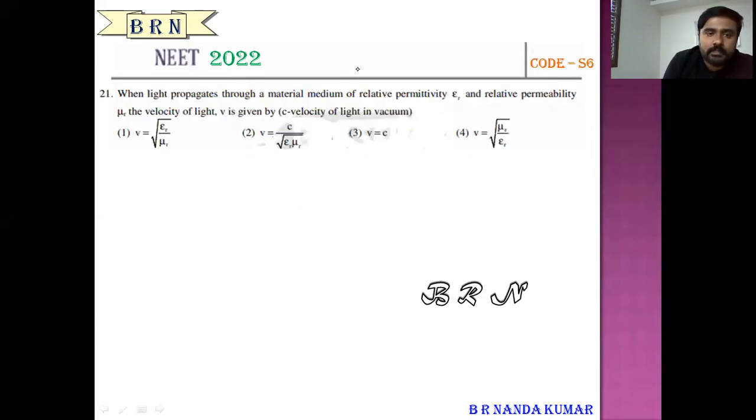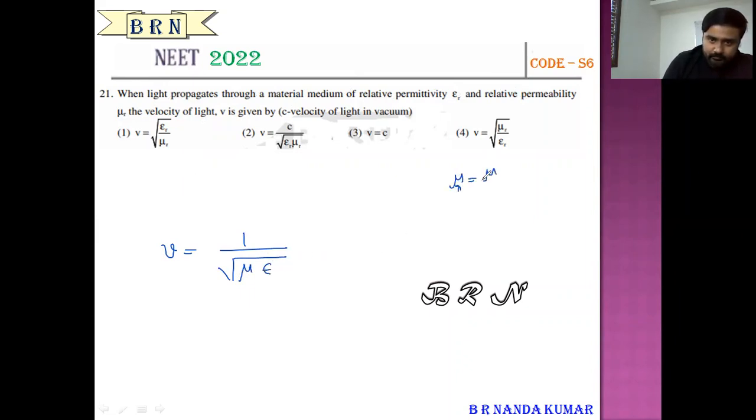Next question, on this one, this problem is based on electromagnetic waves. When light propagates through a material medium of relative permittivity epsilon r and relative permeability mu r, the velocity of light in a medium is 1 divided by root mu epsilon.